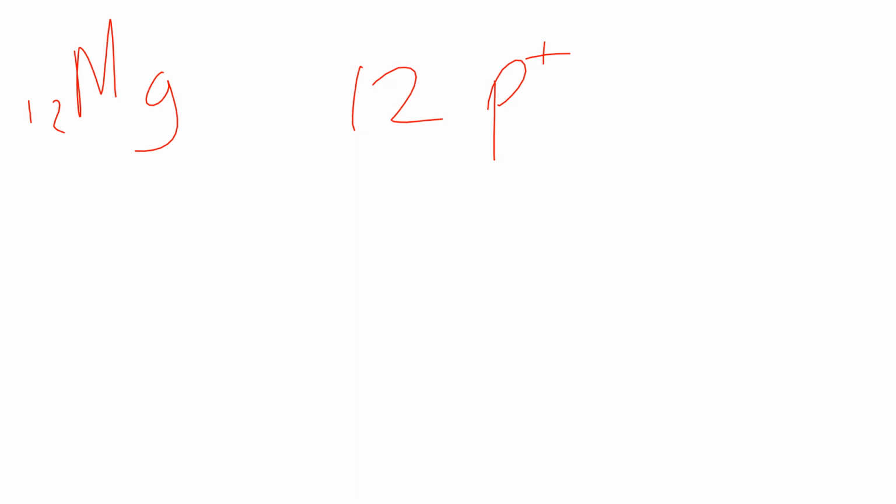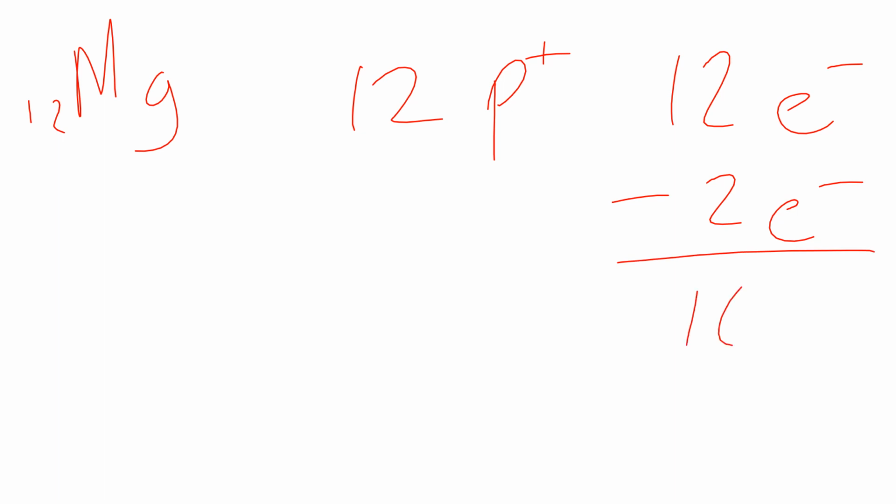Let's examine that loss of electrons a little bit more closely. So magnesium is element number 12 in the periodic table. It's got 12 protons and it's got 12 electrons. If magnesium loses 2 electrons, it then has 10 electrons remaining.